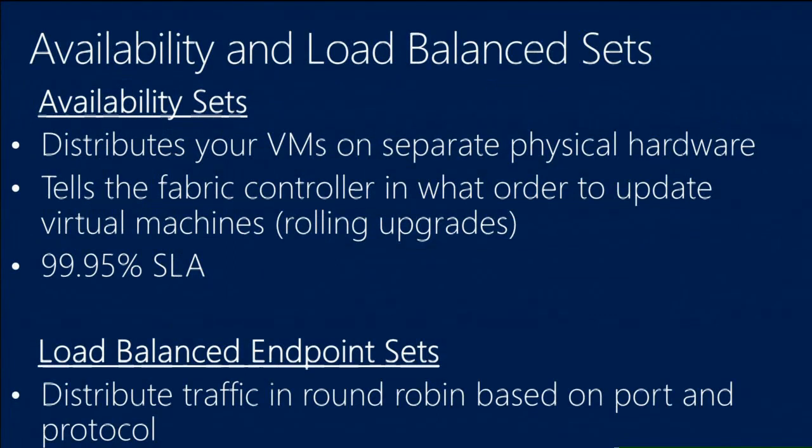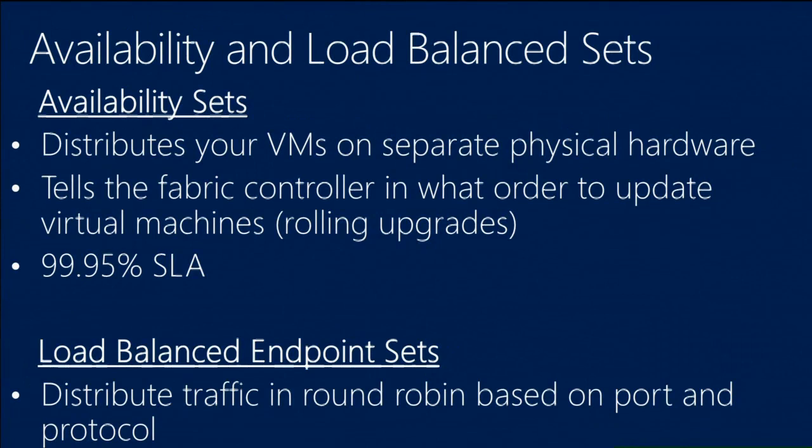What availability sets are is any time that you have a set of virtual machines, more than one, that do the exact same thing, you always want to group them in an availability set. A couple of examples: 2 web servers, 4 web servers, 2 AD servers, 2 SQL servers, SharePoint servers, et cetera. As long as they're performing identical roles, put them in an availability set.